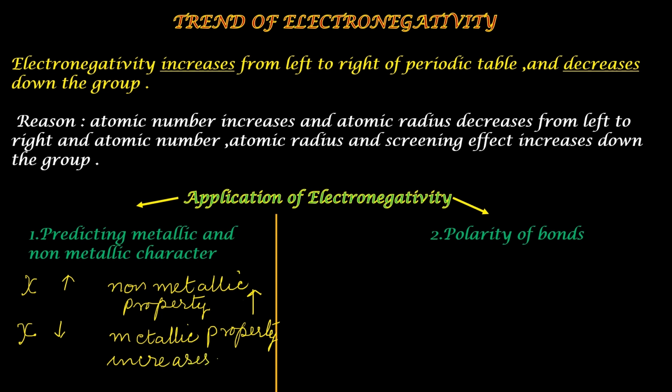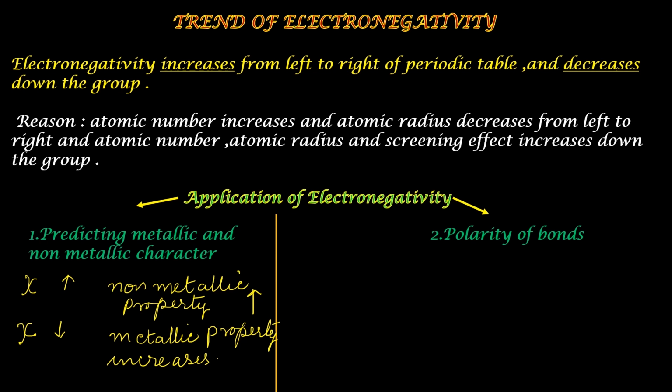In general, the left hand side of the periodic table, which has metals, they have the least electronegativity. And on the right hand side of the periodic table, where you find non-metals, those elements have the greatest electronegativity. The electronegativity increases from left to right.